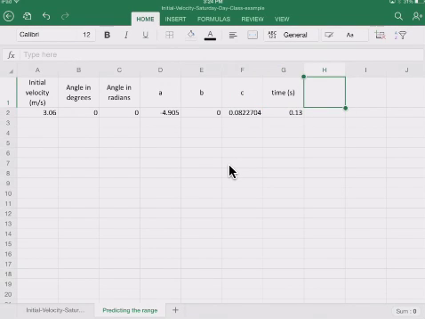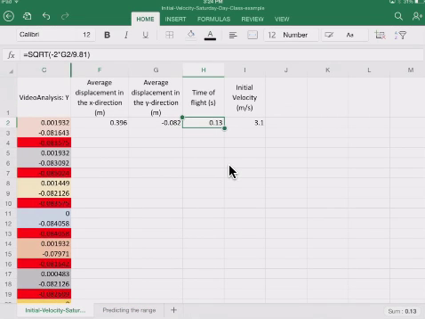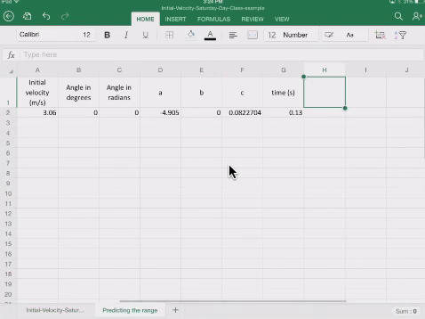Now we want to predict our range. And we kind of know what our range should be. It should be about 3.96 because we've already done this.